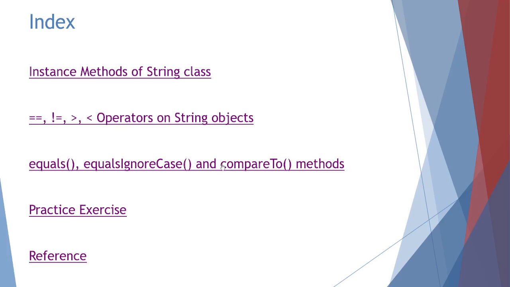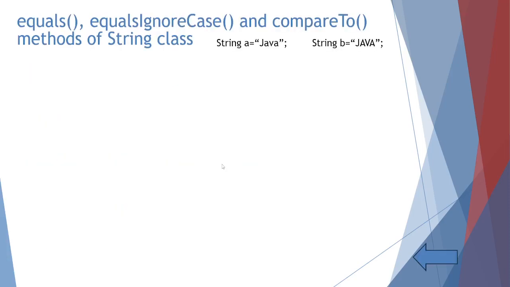Now let's see the syntax of these three methods. There are two objects in the memory, literals, and we are understanding all these three methods with the help of literals. A is "Java", B is "Java" but in capitals, all of them in capitals. Now, boolean equals(String).